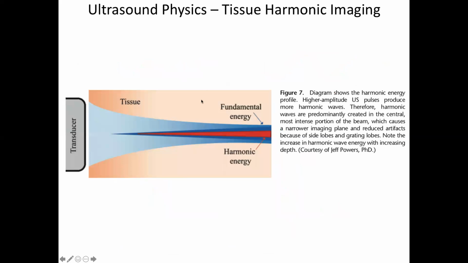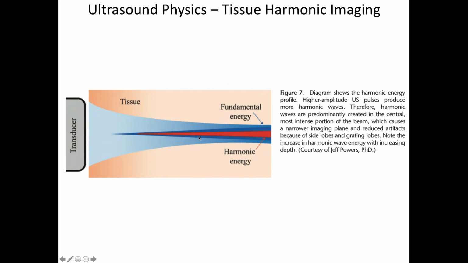So the other interesting thing is where that signal comes from. When you come back and you see this distorted wave, you ask, well, where in the sample is it coming from? It is coming more centrally in your beam than in the lateral parts of the beam, because the pressure is highest in the central part.